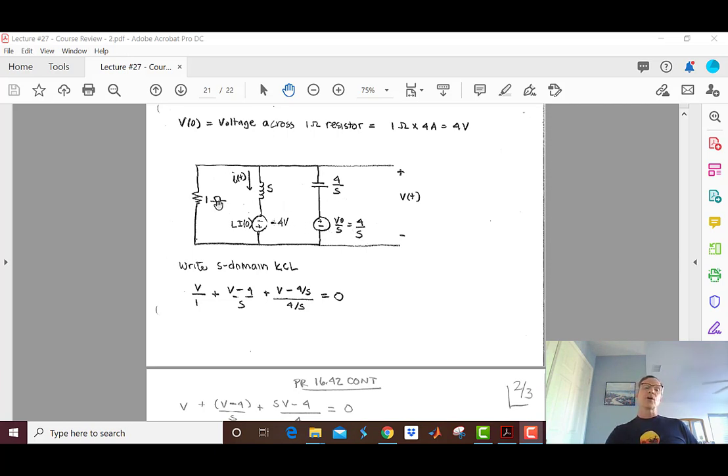And here is our S domain circuit. Take a good look at this circuit, because if you're asked on the final to convert a circuit into the S domain, this is your guy right here.